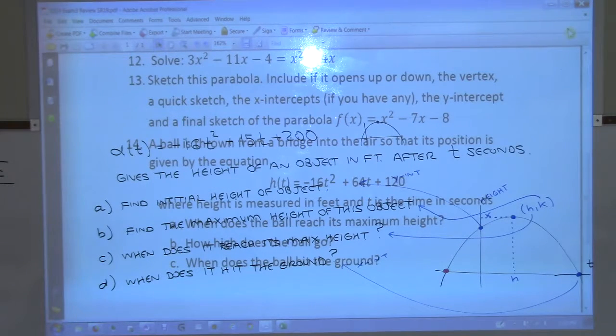I'm just showing the last two problems on the review because I think those two problems, well, can I erase the problem that I have up there right now? The one that you're working on?